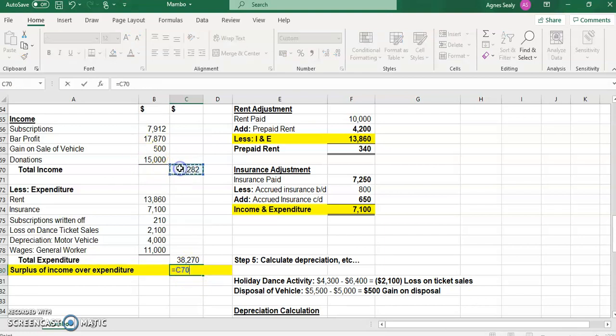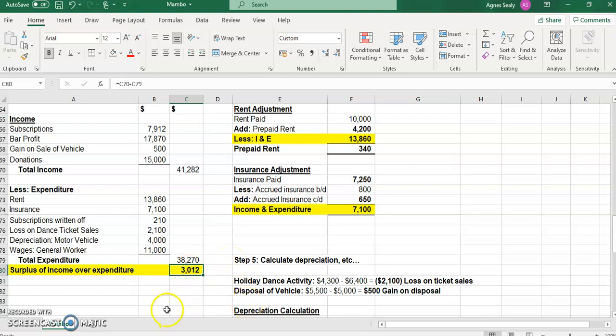So $41,280 minus $38,270, yes, gives me a surplus of income over expenditure of $3,012. Okay, $3,012. The other figure didn't look correct to me. So we have a surplus of income over expenditure of $3,012.